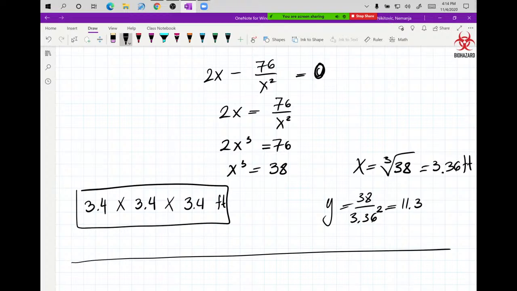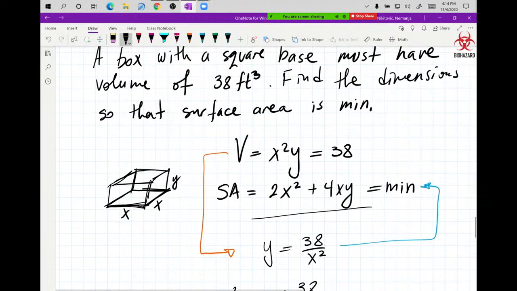Now, we can mess with this box. We can say a box with no top. That immediately messes up your calculations. No top means it's just x squared for the bottom. That propagates through the problem, and you no longer have a cube. Your answers are no longer the same values.